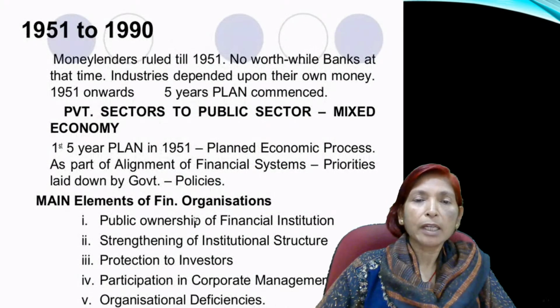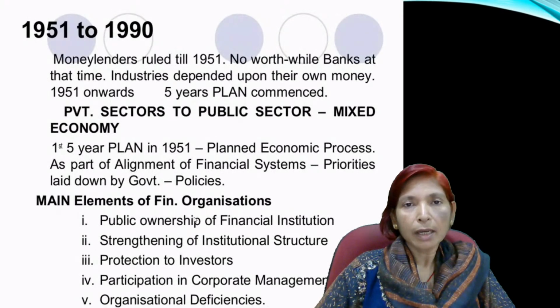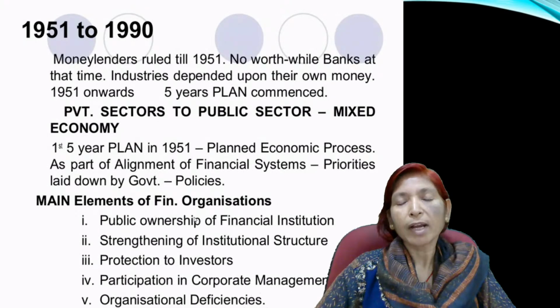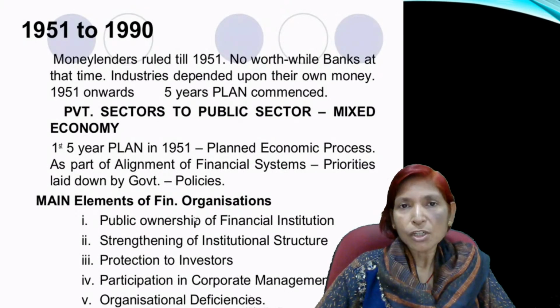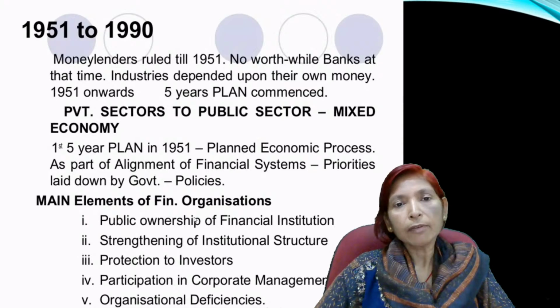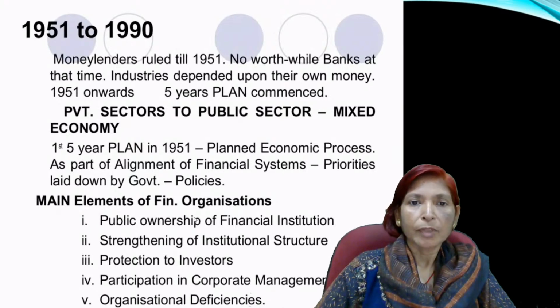Now next is the 1951 to 1990 time period. You know that before 1951, unorganized or non-institutional sources of finance were prevailing in the Indian financial market system. Moneylenders ruled till 1951. There were no worthwhile banks at that time.